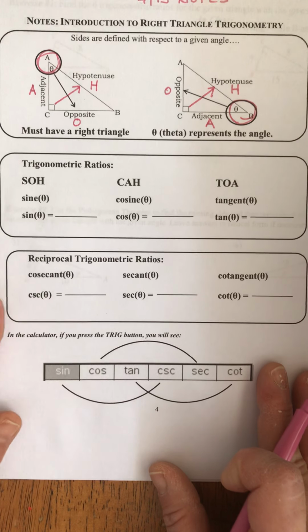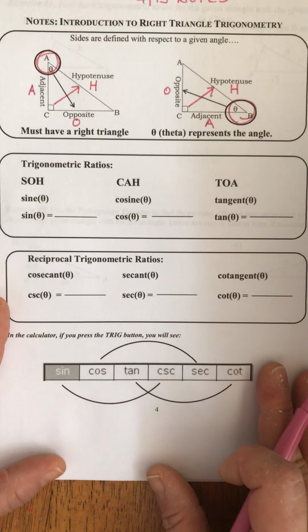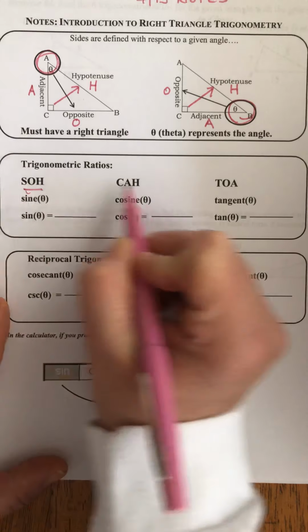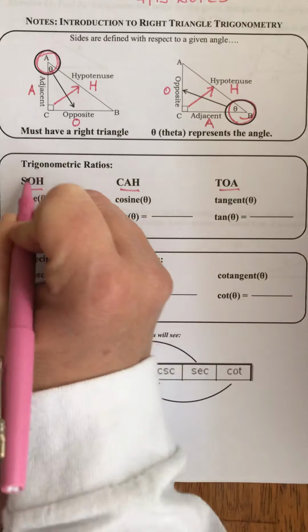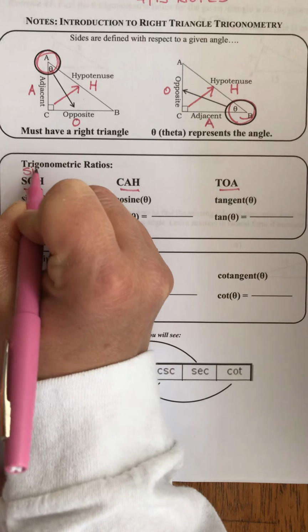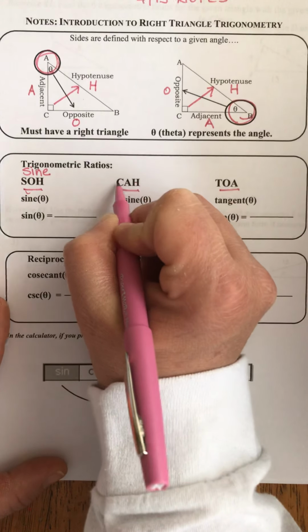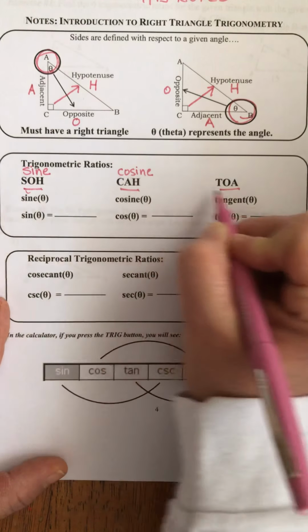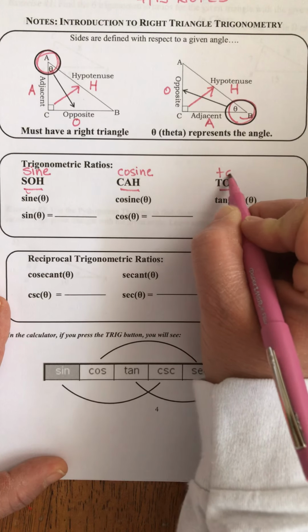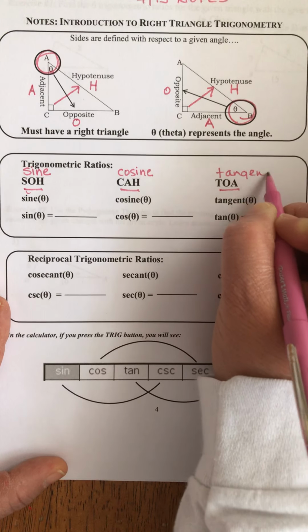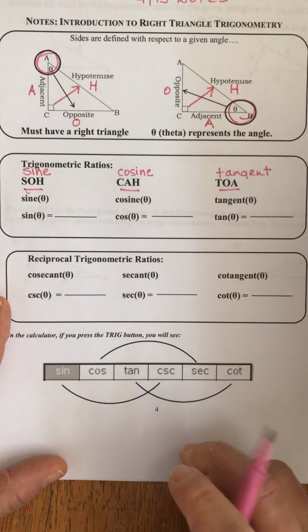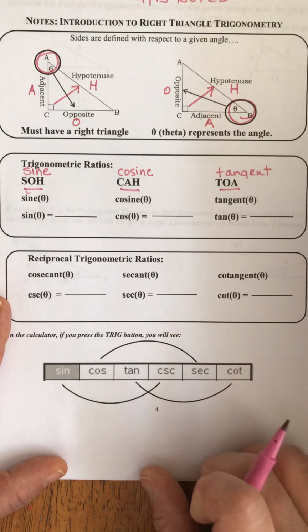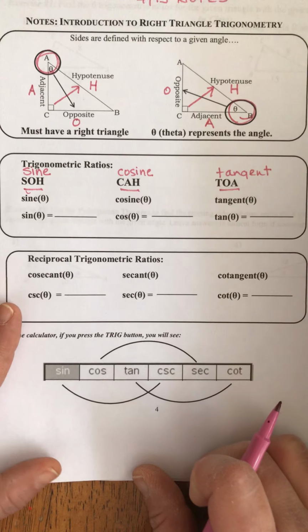Okay? Now, the most common way to remember trig ratios is SOH CAH TOA. SO stands for sine. That's a trig function. C and CA stands for cosine. And T and TOA stands for tangent. Okay? Now, these are ratios or fractions created from two sides of the triangle.